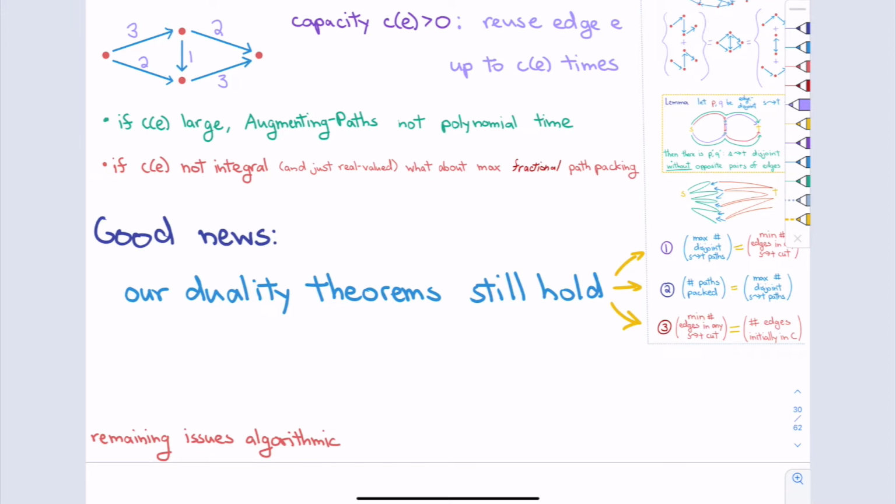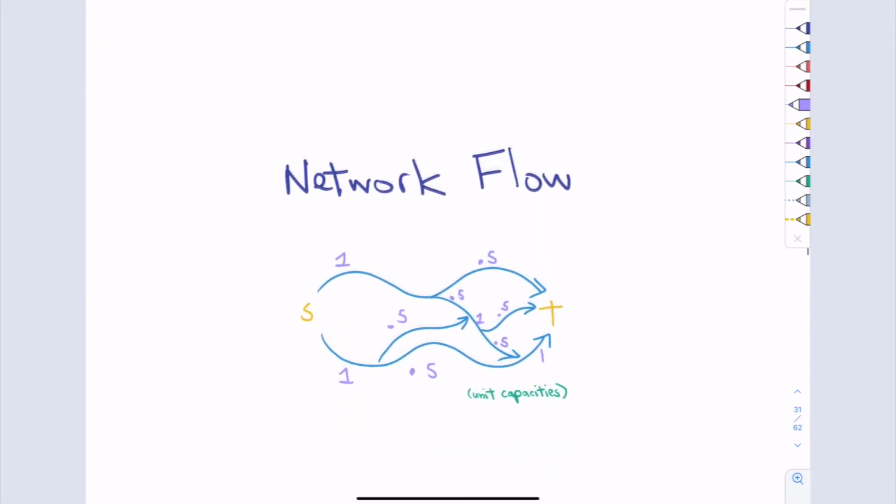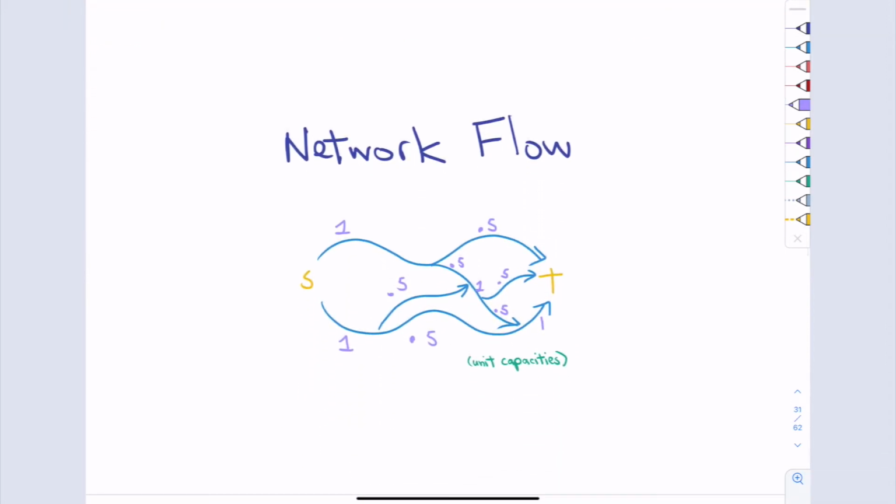But I want to present that algorithm in the context of a closely related problem called max flow, which is going to be just like our path packing problem, except at some level, I'm not even going to be worried about the path part anymore. Let me explain.